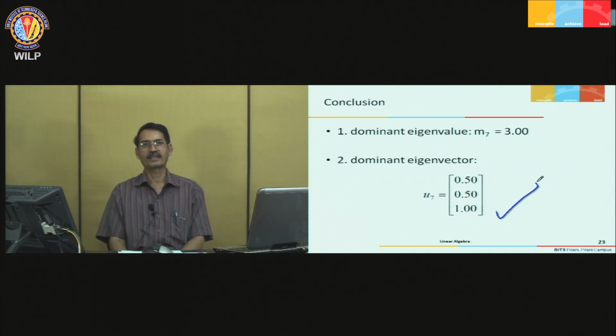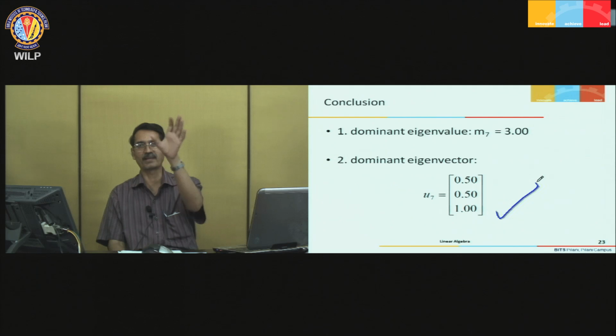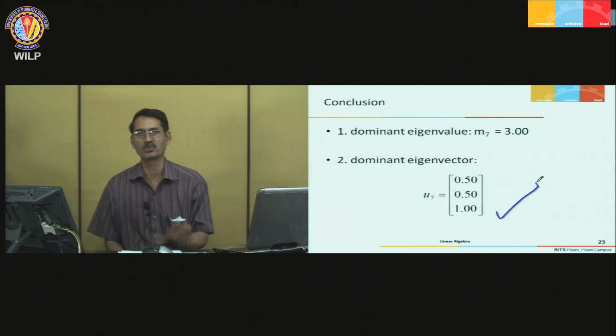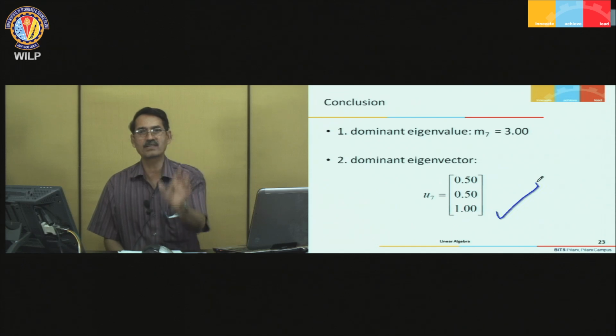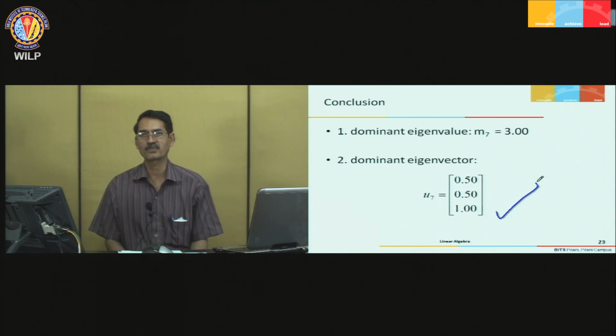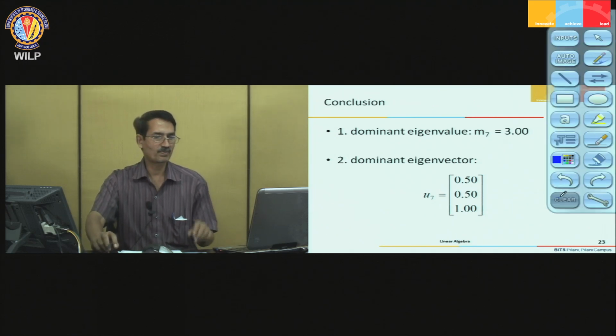I believe that if any matrix is given and has a dominant eigenvalue, then with the help of this power method, we should be able to calculate the dominant eigenvalue and the dominant eigenvector. That was the basic purpose of this lecture. Thank you. I will stop this class here.